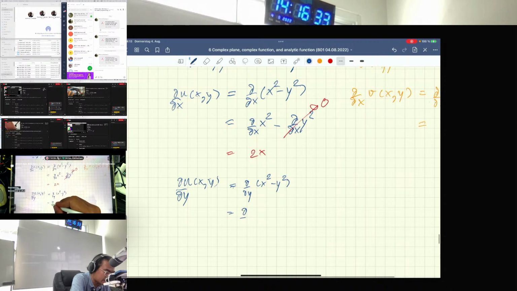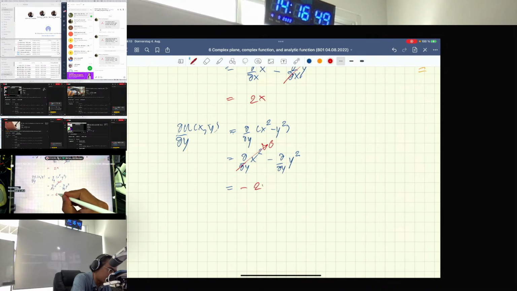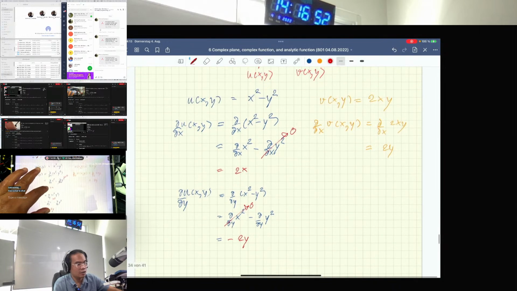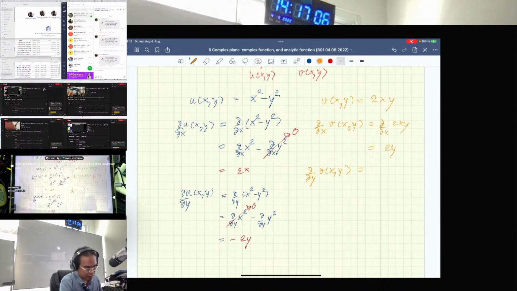So it's going to be the derivative with respect to y of x squared minus the derivative with respect to y of y squared. And this term will be 0, so you get minus 2y. And what about the other side? The partial derivative of v(x,y) with respect to y is the derivative of 2xy, and it's equal to 2x.